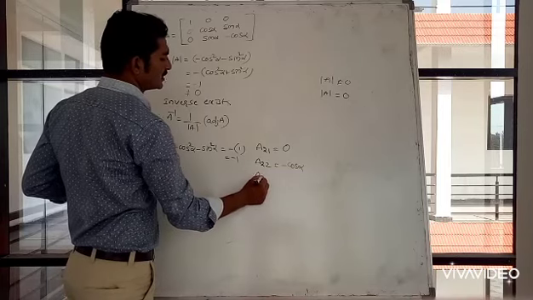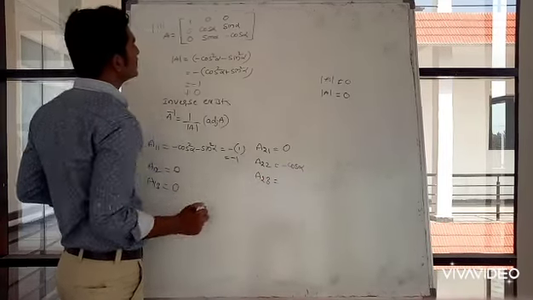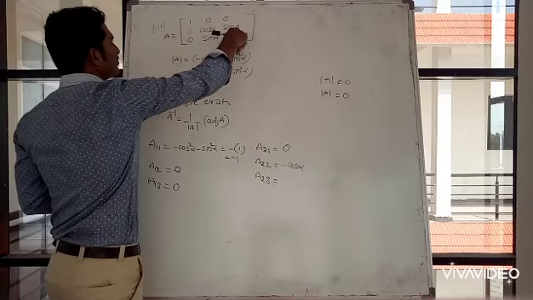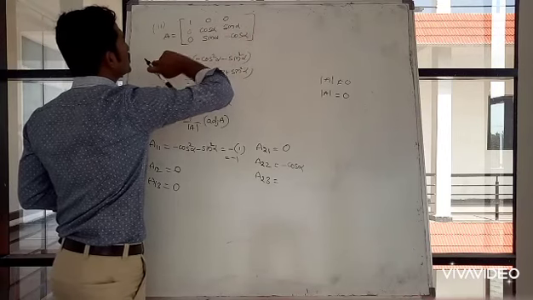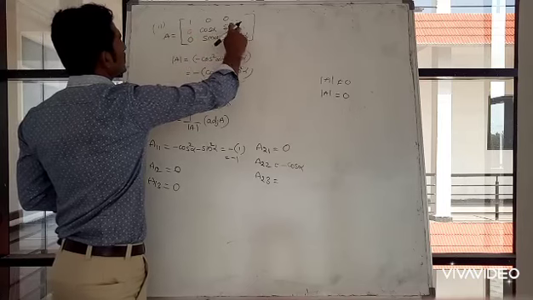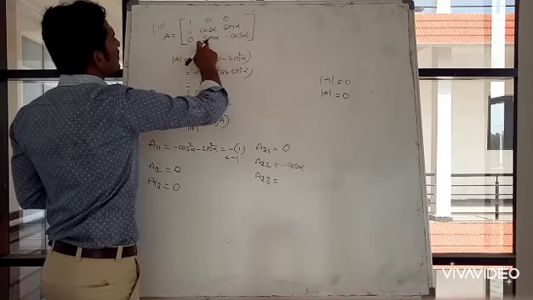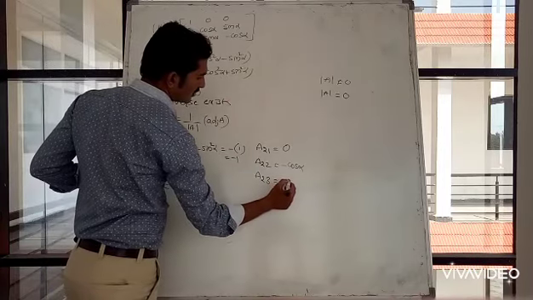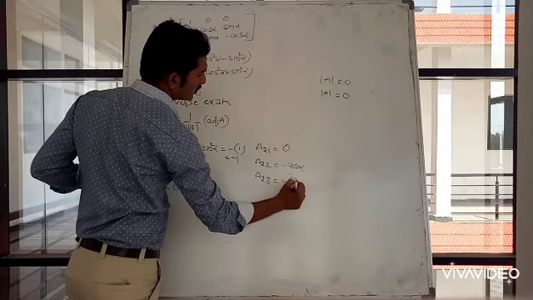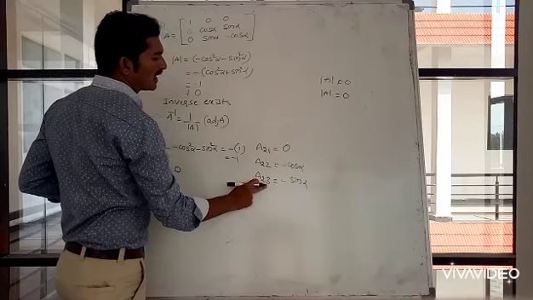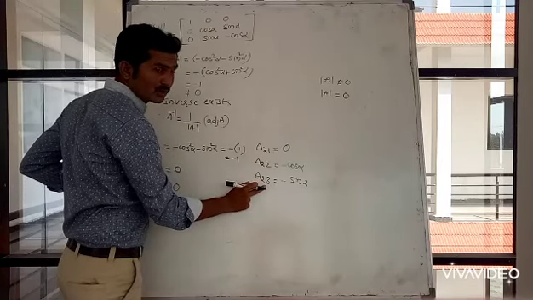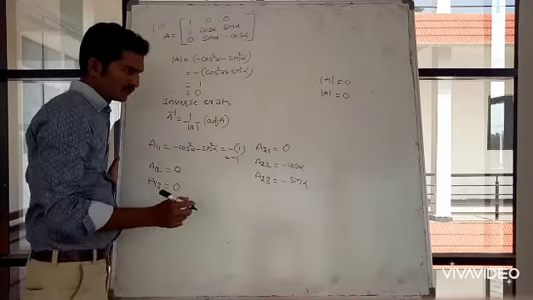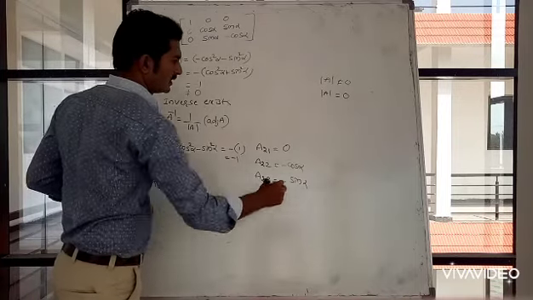Then A23: leave column number 3 and row 2, we get sin alpha, but the minus sign will come because 2 plus 3 is odd, and minus 1 raised to an odd number is minus. So the product, sin alpha into 1, gives minus sin alpha.